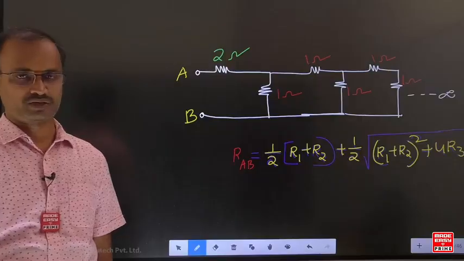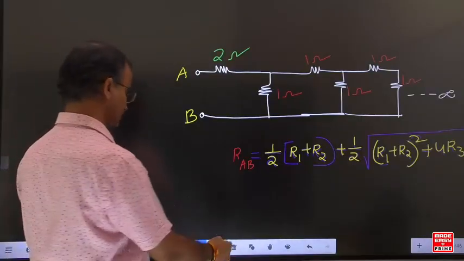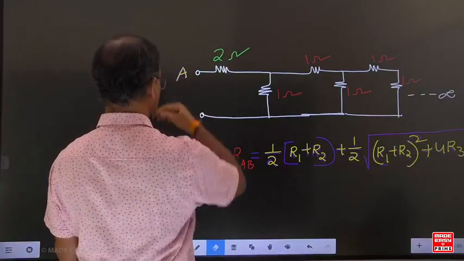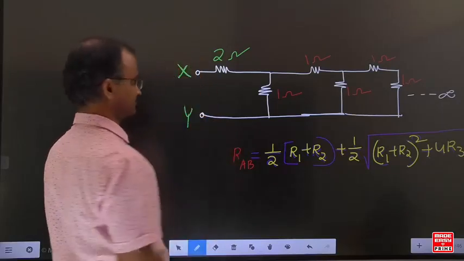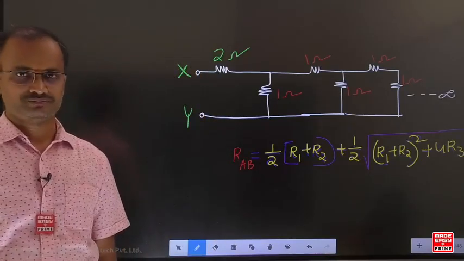You are asked to find out the equivalent resistance. Give any names here. You are asked to find out the equivalent resistance with respect to X and the Y. Now, बोलिए कैसे कर सकते हैं?